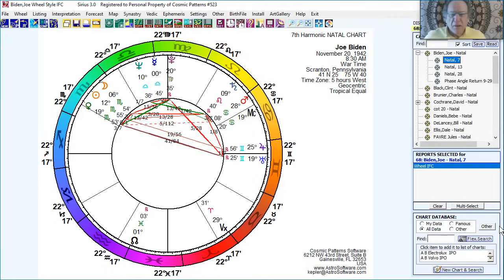Instead of Joe Biden consistently being a promoter, an advertiser, having this theatrical quality, he might also have that from something else in his chart, but this is telling us he needs to pull away, to be quiet. And it's affecting his sun and moon, which are obviously extremely important.